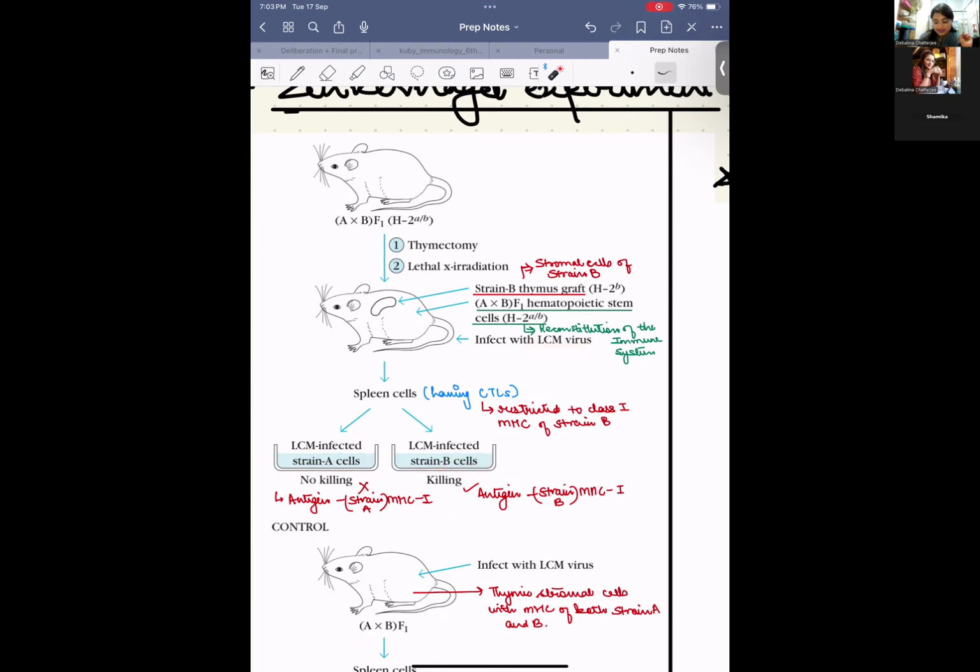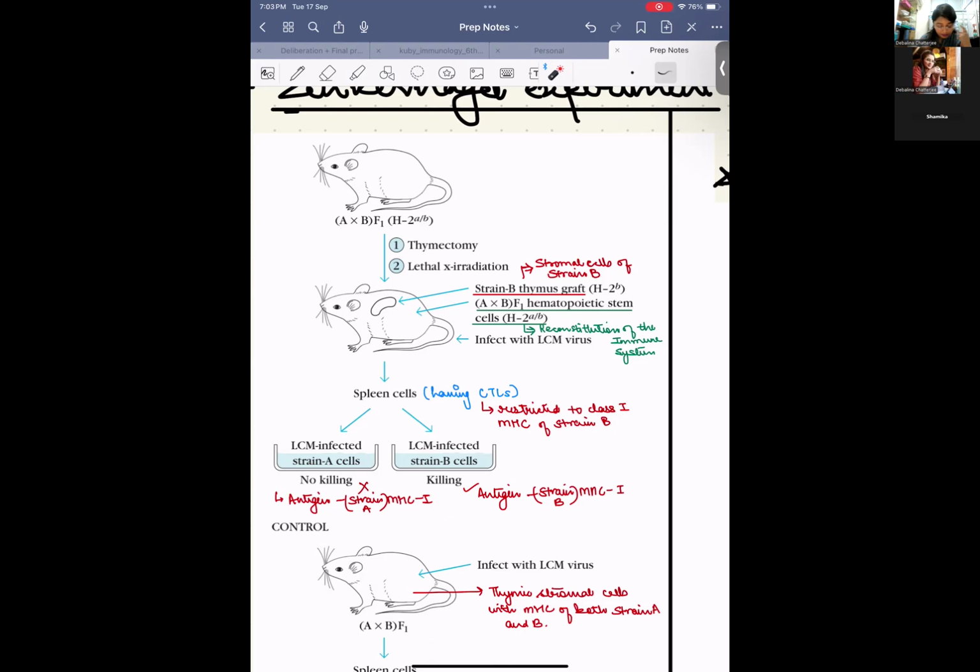When the CTLs isolated from this mouse were incubated with either of these two cell cultures, it was noted that the killing only happened for LCM infected strain B cells. It did not happen here.